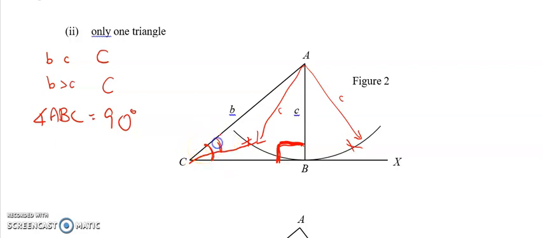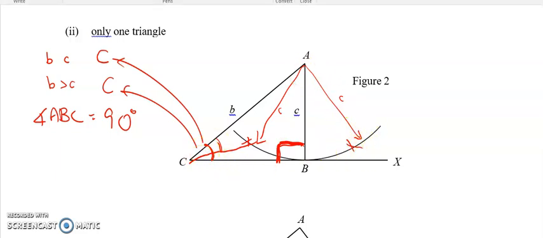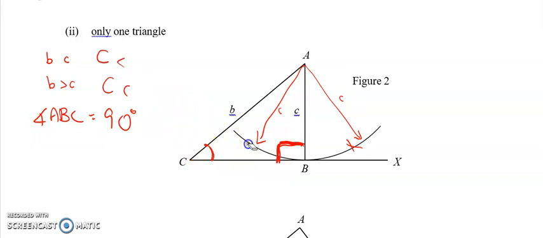You will have a smaller angle. Remember, this angle C is given in the question, so it has to keep its value. You can't change it to a different position and then get a smaller or bigger value of C. So in this case, if your angle ABC is 90 degrees, there's no ambiguity.